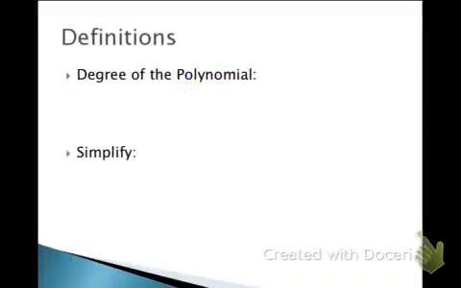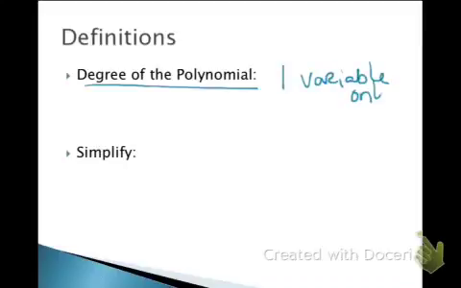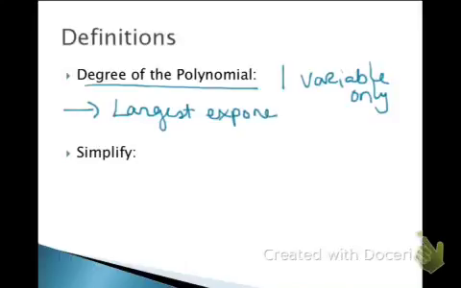The remaining part of our definitions is the degree of the polynomial. What I need you to know about the degree of the polynomial is that you have to have one variable letter only to be able to determine what the degree is. The degree of the polynomial is defined to be, if we have one variable only, the largest exponent that you see.